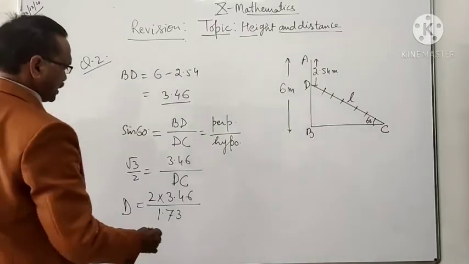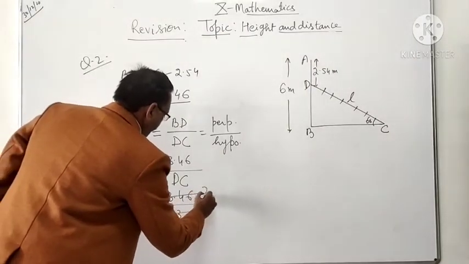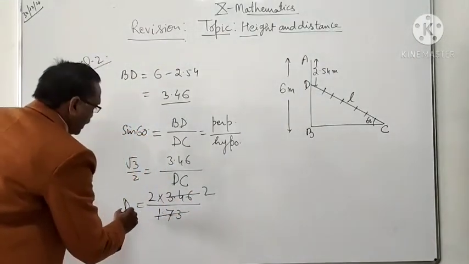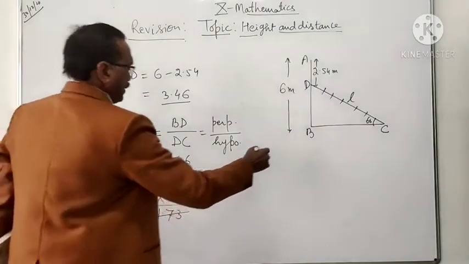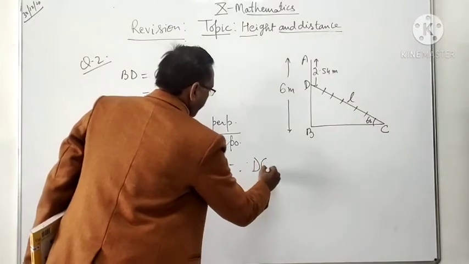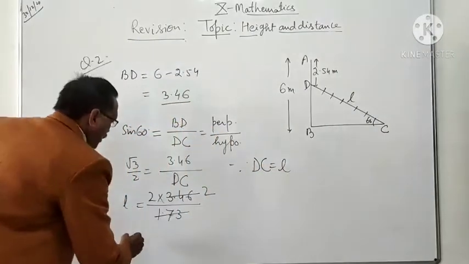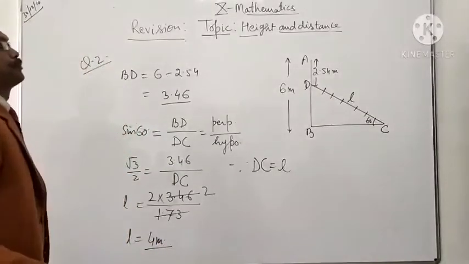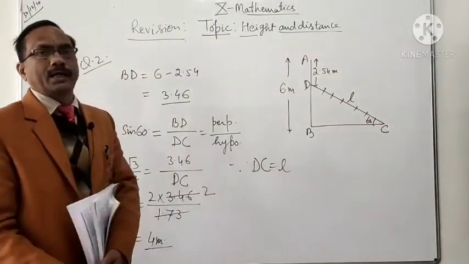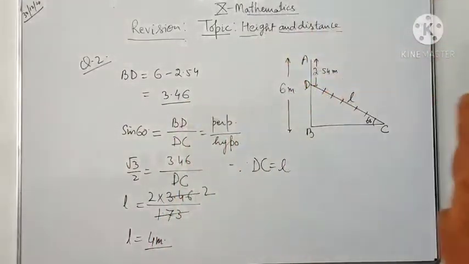Then it's just twice. So the length of the ladder, which is L, DC is L. So the length of the ladder L is 4 meter.